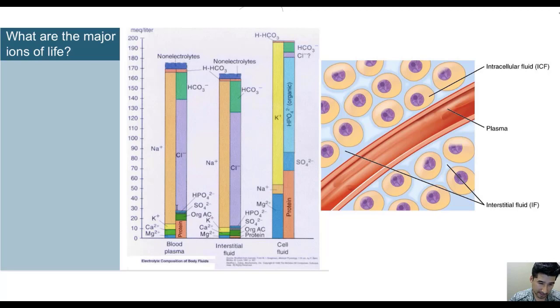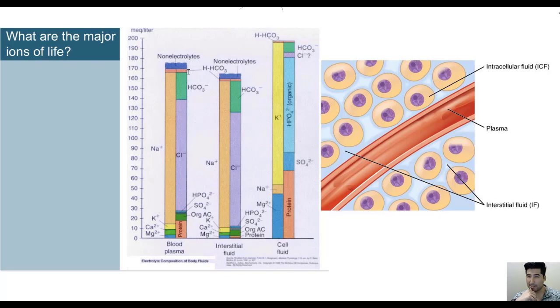Chloride ranges from 26 till about 137 milliequivalents per liter. That's a pretty good amount of chloride, right? But bicarbonate ranges from about 138 all the way till about 168. So it has a much shorter band, and it has a much higher upper limit.